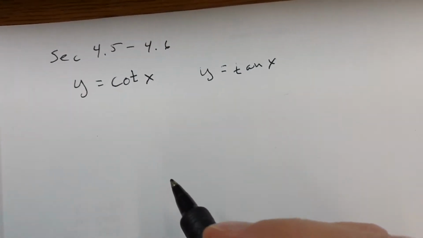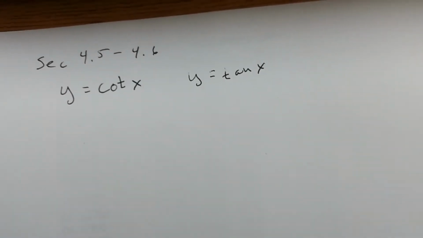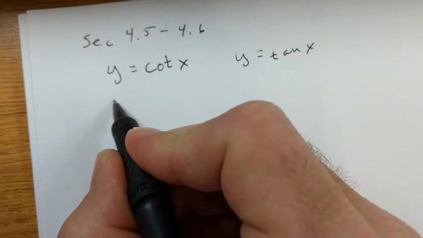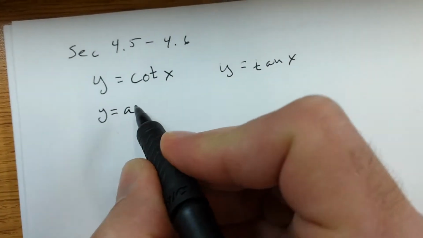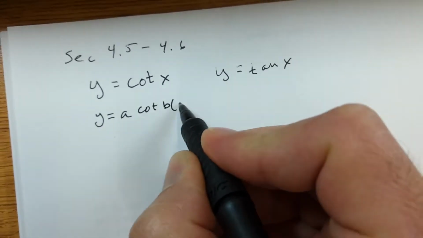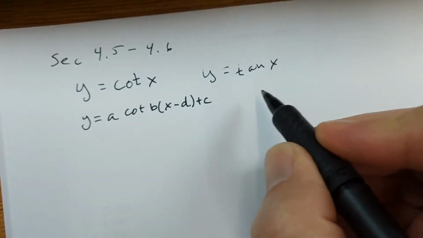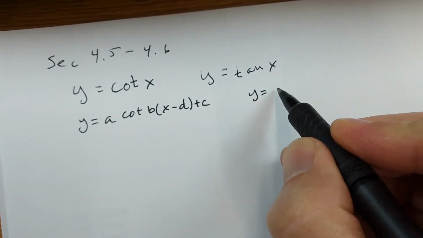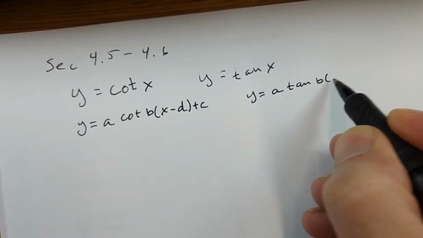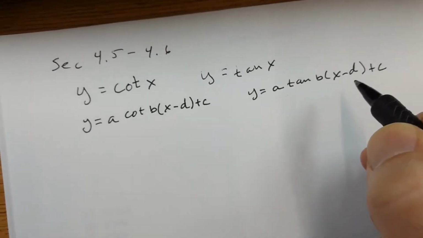So we really won't just be graphing y equals cotangent and y equals tangent. We'll be graphing something more to the effect of y equals a times the cotangent of b times x minus d, plus c, and y equals a times the tangent of b times x minus d, plus c.